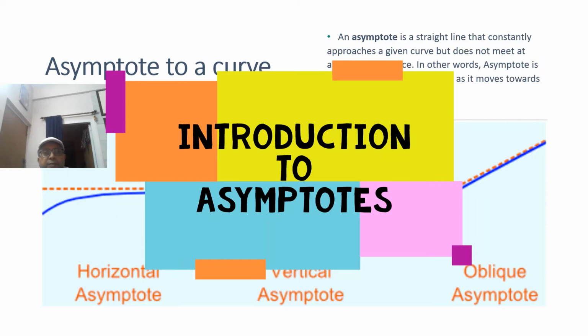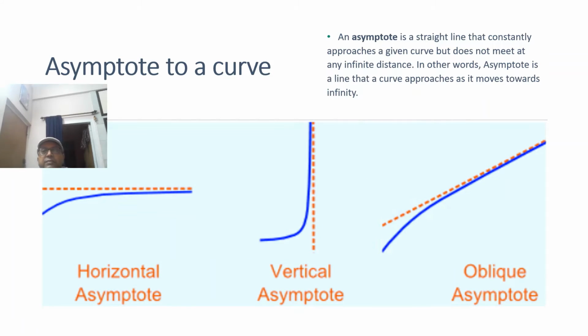So when you are going to define an asymptote to a curve, you'll remember this is a straight line which approaches a given curve constantly, but it will not meet at any infinite distance. Apparently it seems that this line will meet the curve at infinity.